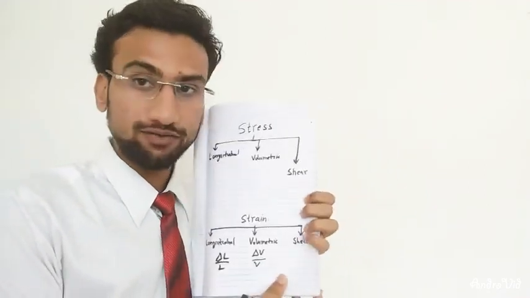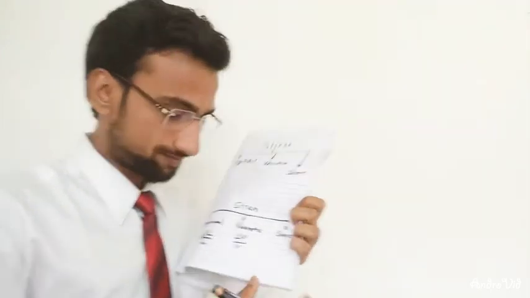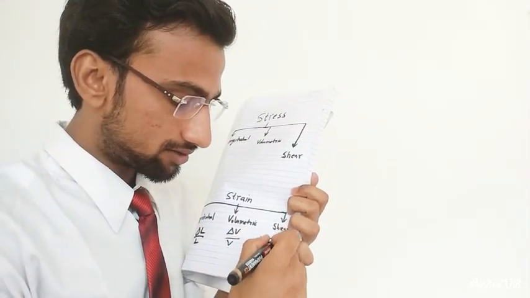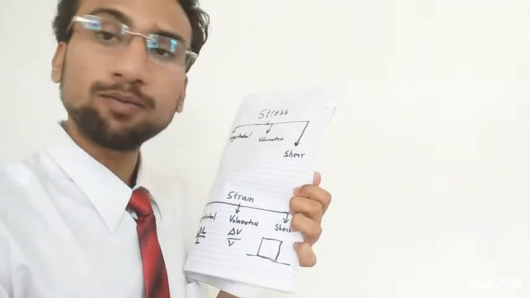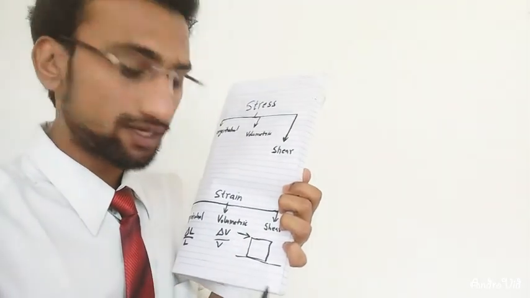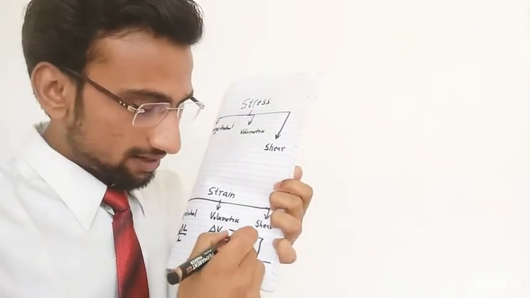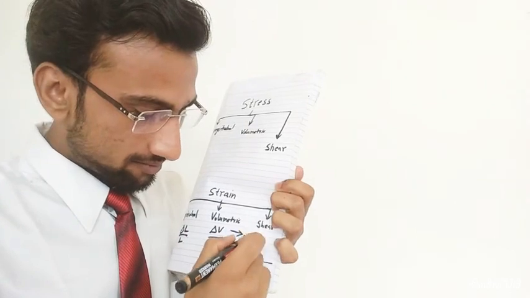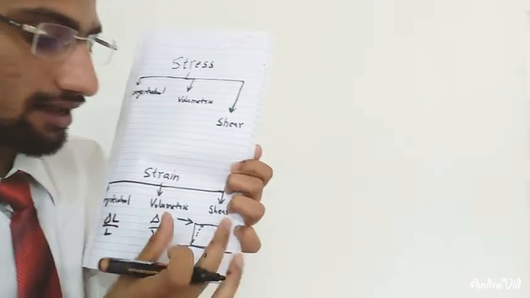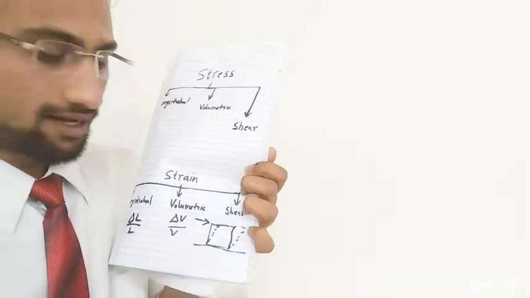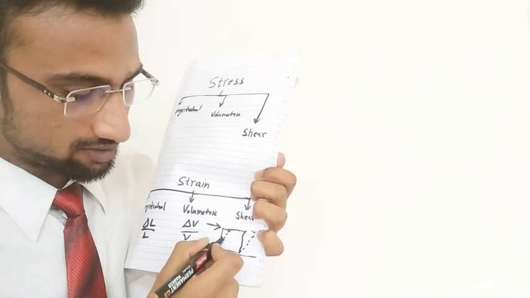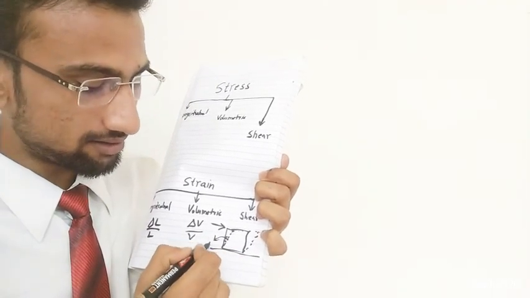Now for shear we need to consider a situation. Suppose this was our block fixed from the bottom, and when I applied force from its top edge, eventually the body got distorted and tilted, up to this shape. Now this body is making an angle theta.